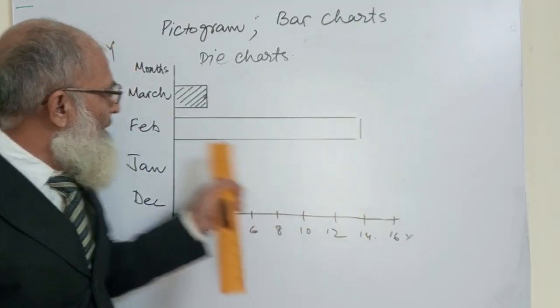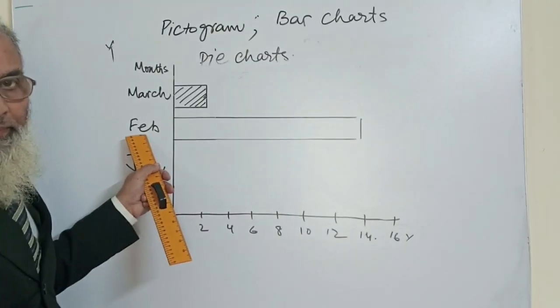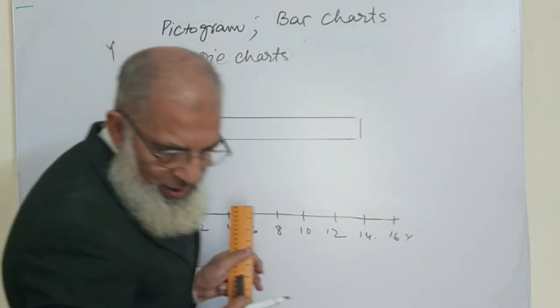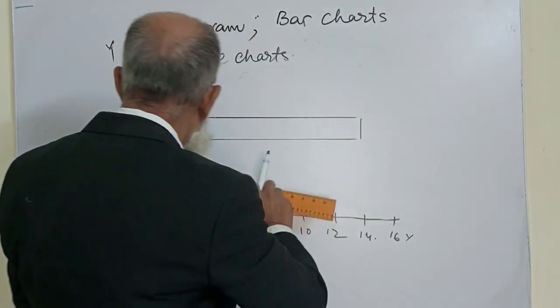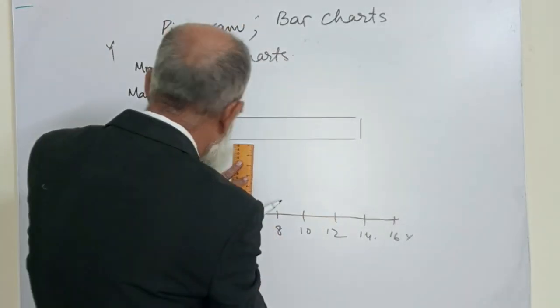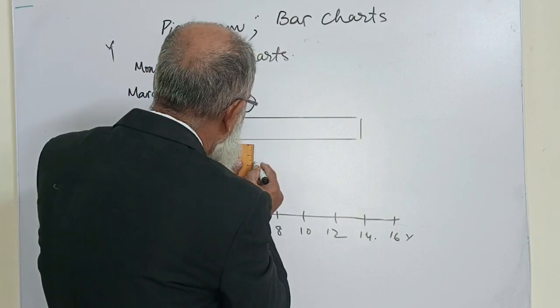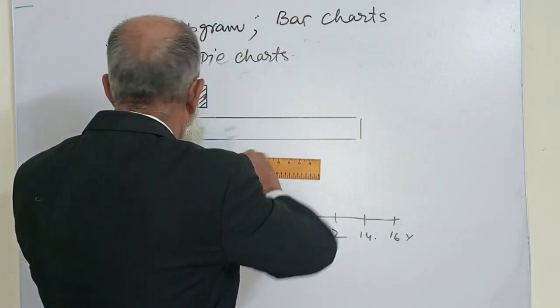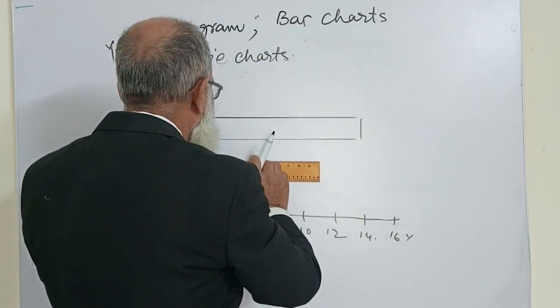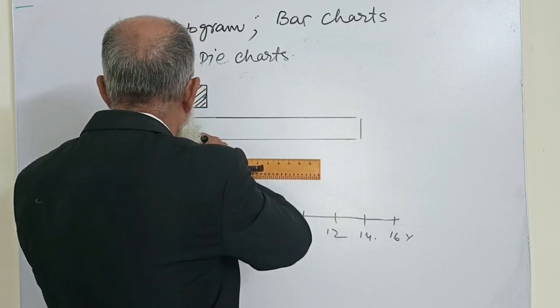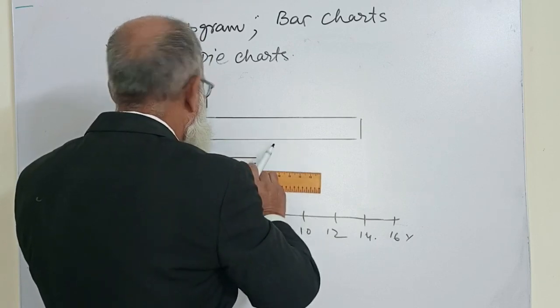There are 14 days of raining in the month of Feb. Similarly, in January there are 6 days of raining. So you can draw it like this.